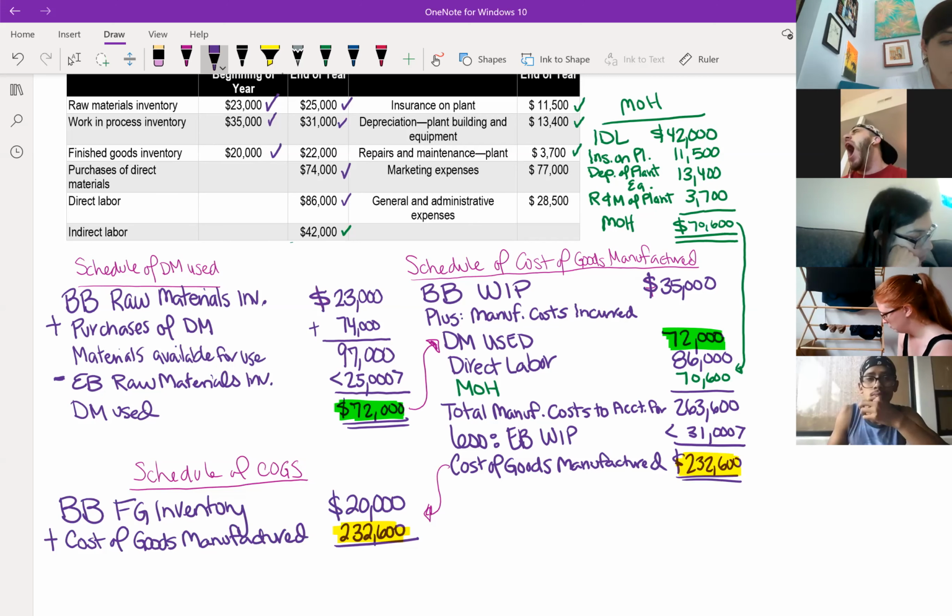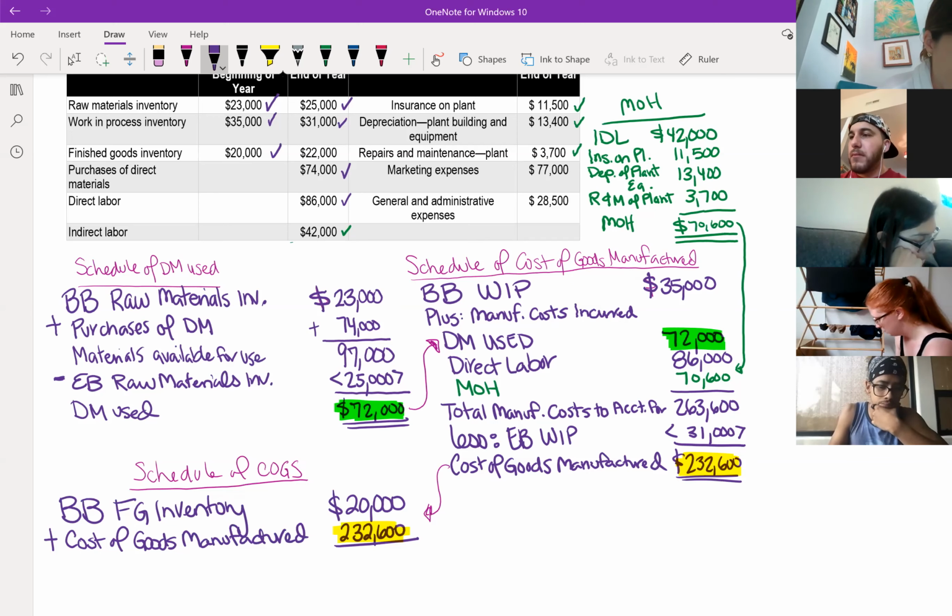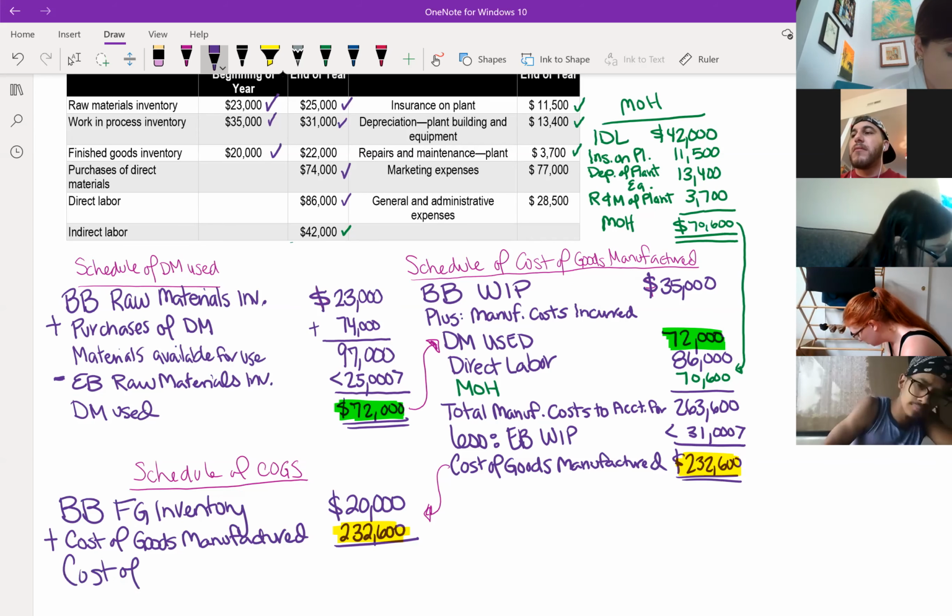And when we add these two items together, beginning balance of finished goods plus cost of goods manufactured, we get cost of goods available for sale. Yes. 252,600.